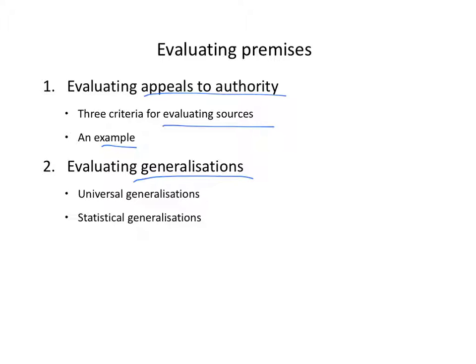And then moving on to generalizations, we'll talk about universal generalizations and counterexamples, and statistical generalizations. Now, if this word statistical makes you want to run away and scream, don't worry, we're not going to be doing any formal statistics or mathematics.